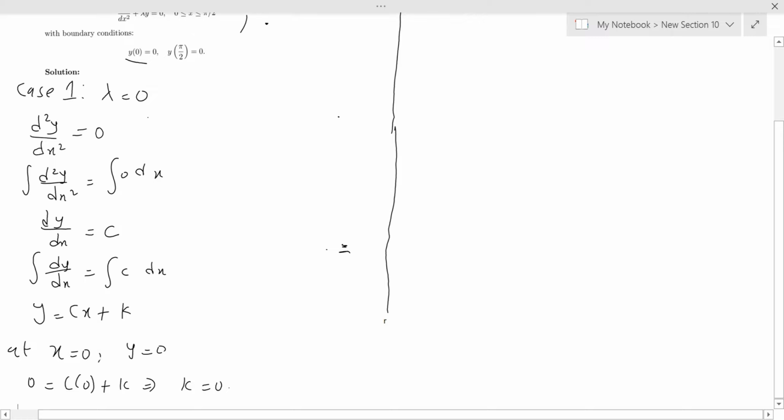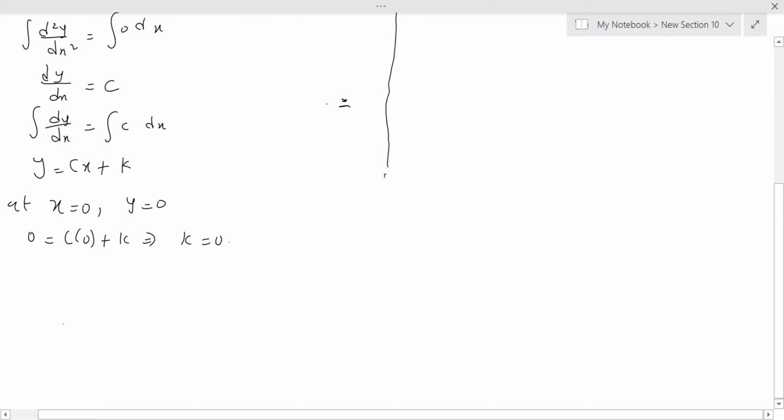So let's use the other one. We have at x equals pi over 2, your y is 0. So if you insert that, you get c times pi over 2 plus 0. Your k is 0. So this also implies that c is 0.